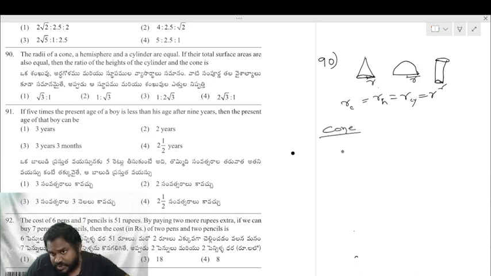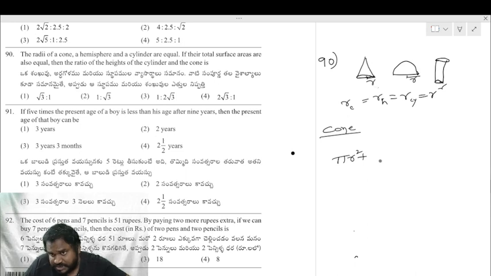For cone, at the bottom there is a circle, so I'll take it as pi r square. Circle surface area is pi r square plus lateral surface area.